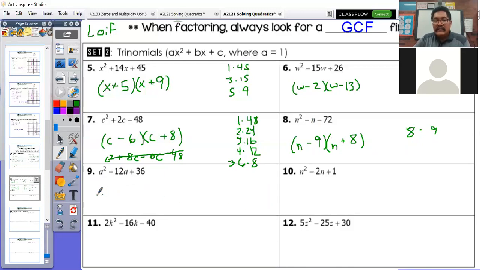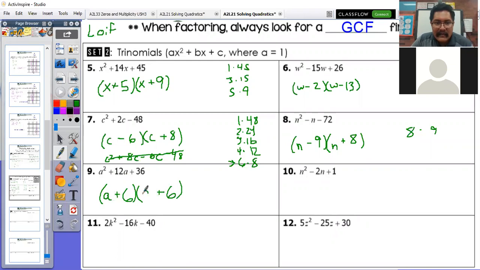Now in this case here, we get a special case for 9 and 10. If I asked you, what two numbers multiply to 36? Chances are, without missing a beat, you're thinking 6 and 6. And again, this means they are both the same, and they are both the same as this one here, so that means they are both positive.